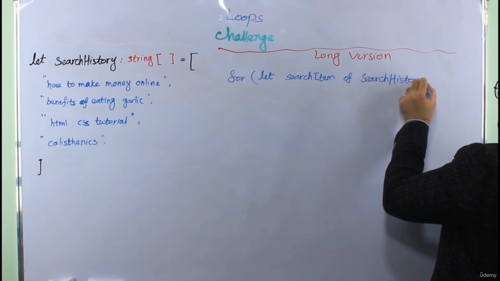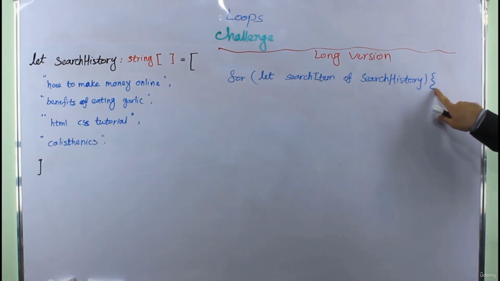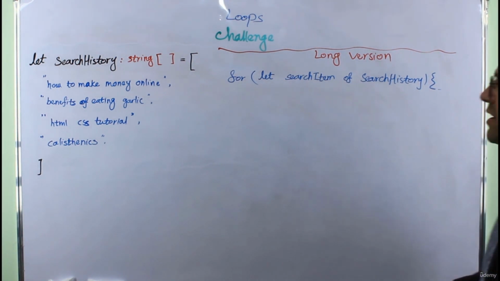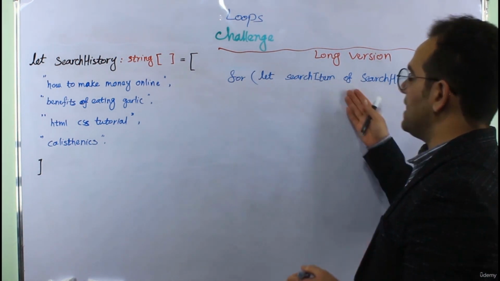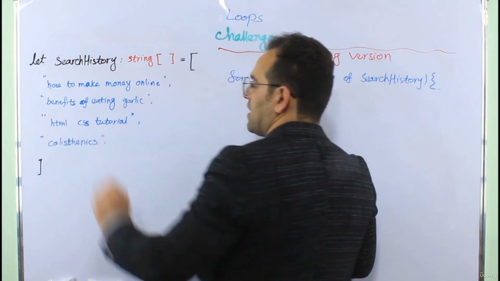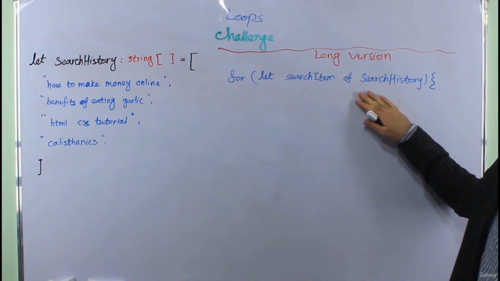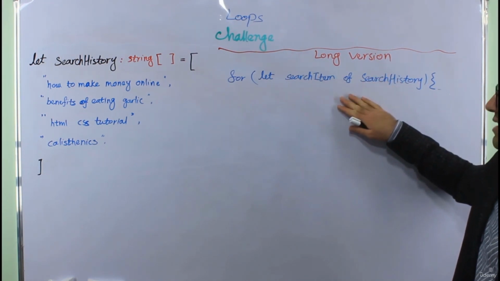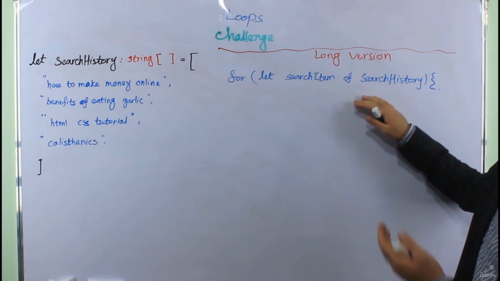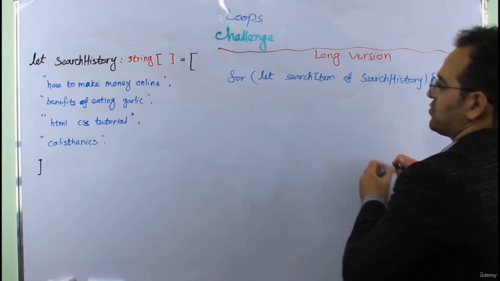Now we have referenced that, and what do we want to do? I've opened the code block right here. When I say this search item, it is referring to each one of these. Cool. We could take a look at that in the console, but since the console doesn't really work here, I'm just going to show you something really cool.